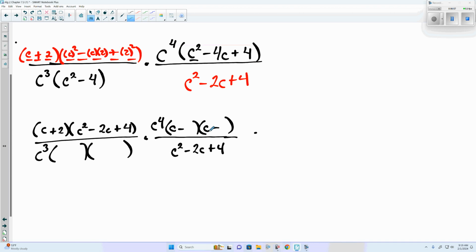Now we have a few options for 4. 1 and 4, 2 and 2. Which one do we want to try first? 2 and 2. And again, we can check and make sure. C times negative 2 is negative 2c. Negative 2 times c is negative 2c, giving us negative 4c. So that is what we wanted.